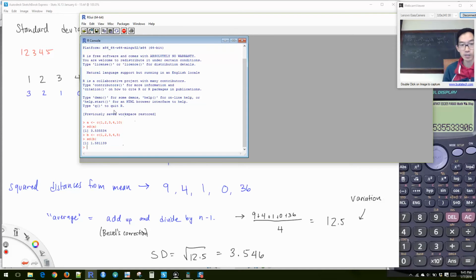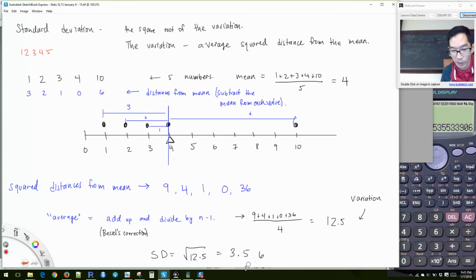So the set 1, 2, 3, 4, 5 has a standard deviation of 1.58, and over here we have 3.536. I don't know why I wrote a 4 here. It's just, are the numbers spread out? Are they similar to each other?